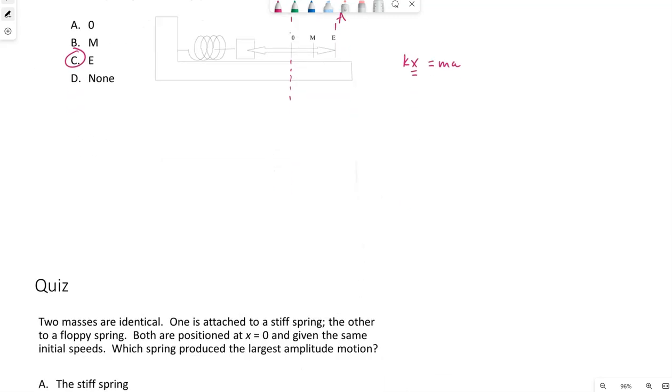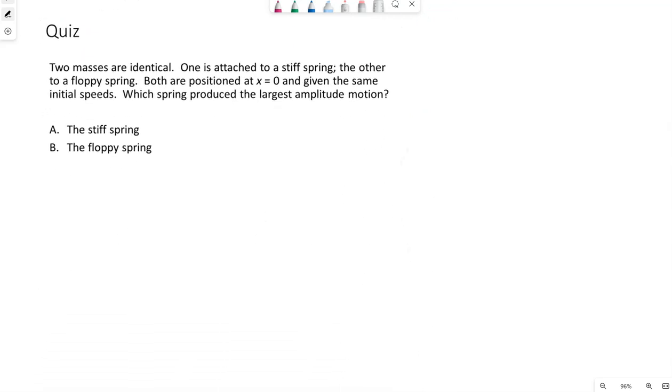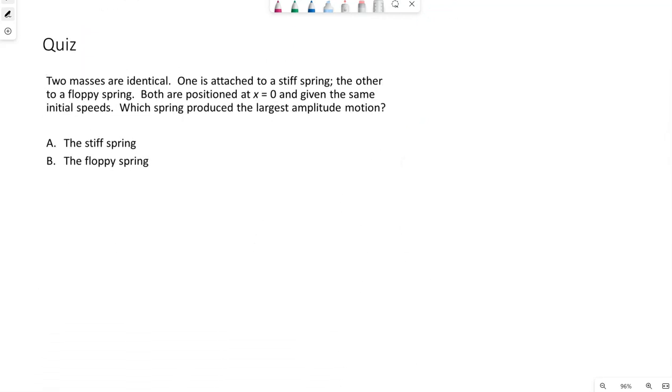All right, here is another question. What do you think about this one? The correct answer here is B. So if we have identical masses, they're given the same speed at the origin, that means we've given them somehow the same kinetic energy.